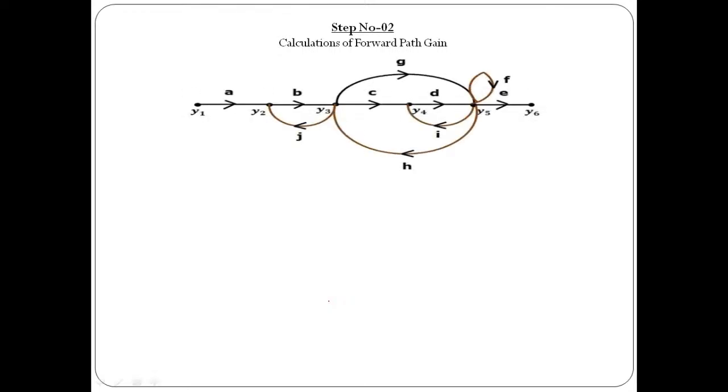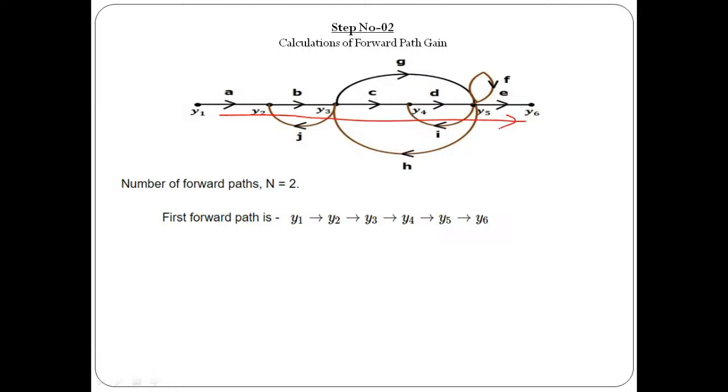Now step number 2, we need to calculate the gain of the forward paths. This is the structure given to us, and here we identify the number of forward paths is 2. The gain of the first forward path: the first forward path is formed between y1, y2, y3, y4, y5 and y6, the straight path like this.